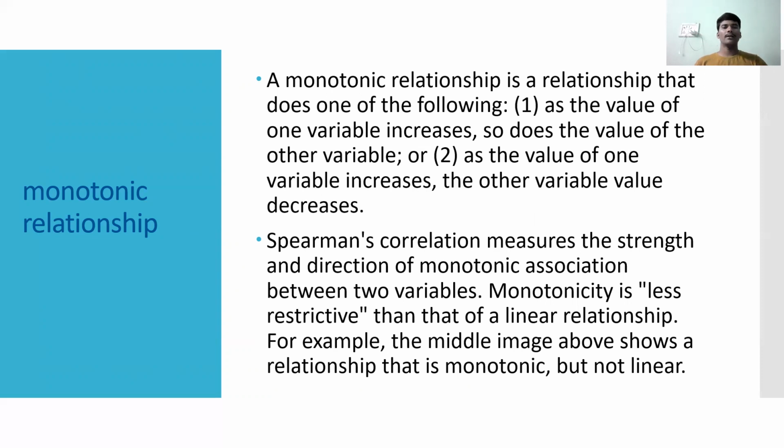Spearman's correlation measures the strength and direction of monotonic association between two variables. Monotonicity is less restrictive than a linear relationship, meaning a monotonic relationship is more easily considered and calculated. For example, the middle image shows a normal monotonic relationship.